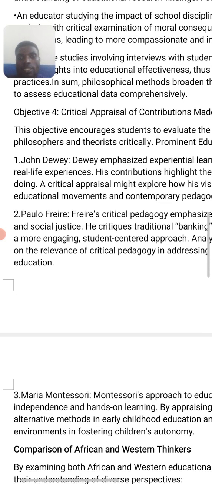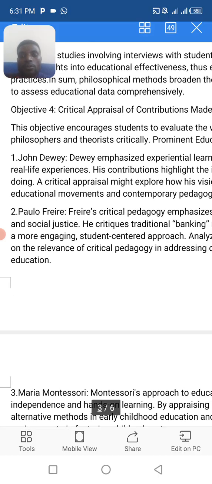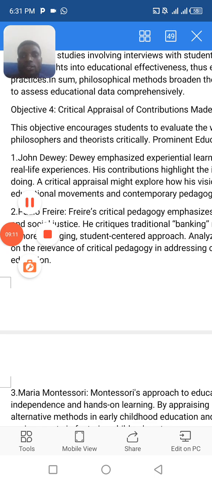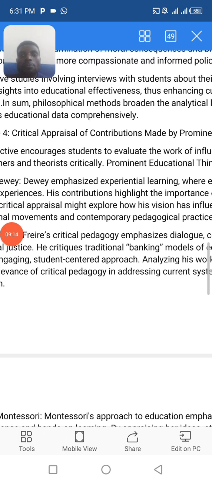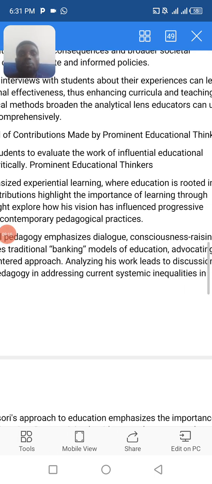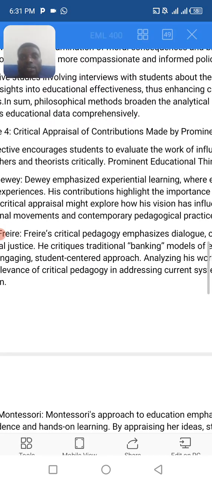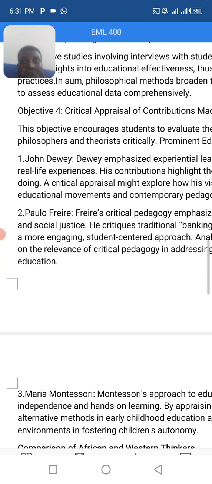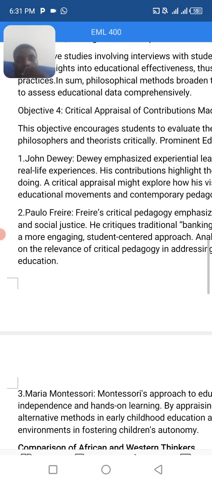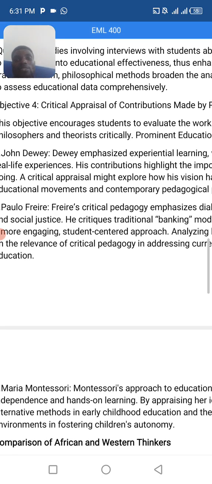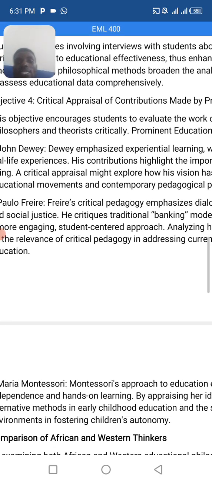So in objective four we are going to be talking about critical appraisals of contributions made by prominent educational thinkers. What are the appraisals made by some of them? We have John Dewey, one of the good educational thinkers.